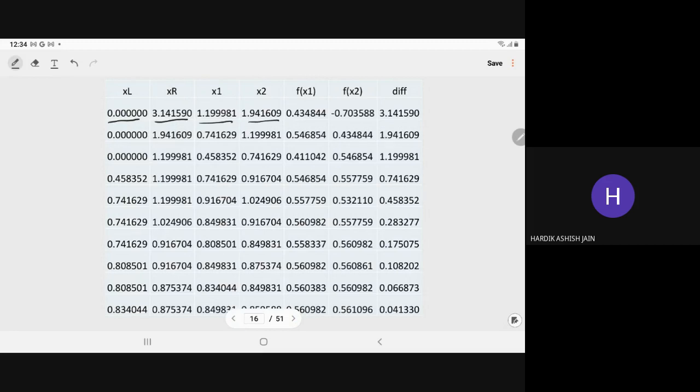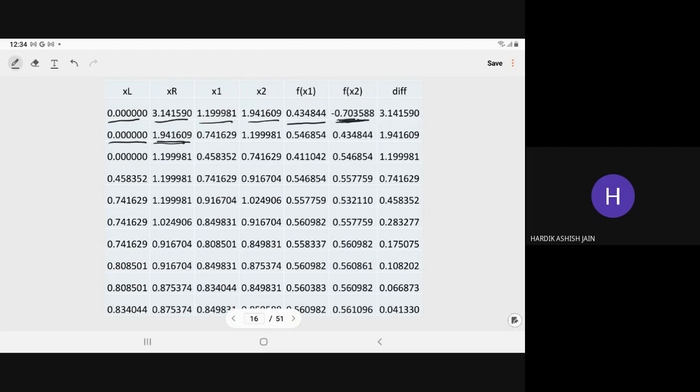For x1 and x2, we have computed fx1 and fx2, and here you can observe that fx2 is greater than fx1. If fx2 is greater than fx1, then the next interval is xl x2.